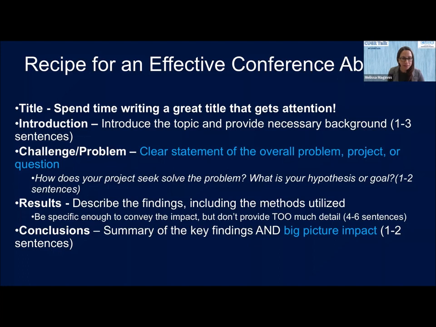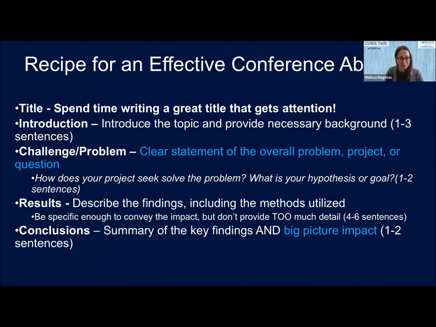So I like to think of this as drawing a circle from the statement of the problem to the statement at the end where you provide the big picture impact of your work. If the reader is going through the abstract and they see that, okay, you're going to solve this problem, and then you get to the end and you don't really say how you're solving the problem, then they're going to feel a little unsatisfied or disappointed.